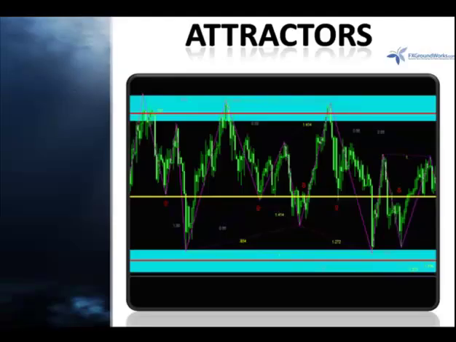So finally, this is what you guys have been waiting for. Let's put this all together. This is an attractor, this yellow line, and this is a chart, I believe, of the euro yen. I'm just going to get a pen out here.